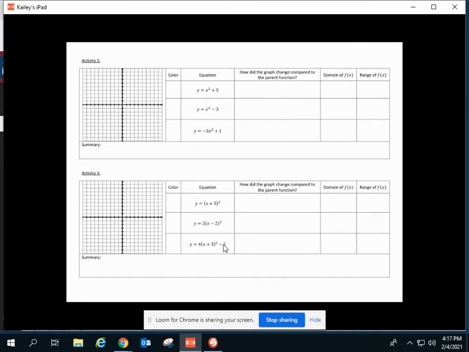In activity 2, we're going to talk about the D transformation. So y equals a(x minus c) squared plus d. So we're talking about D in this section.